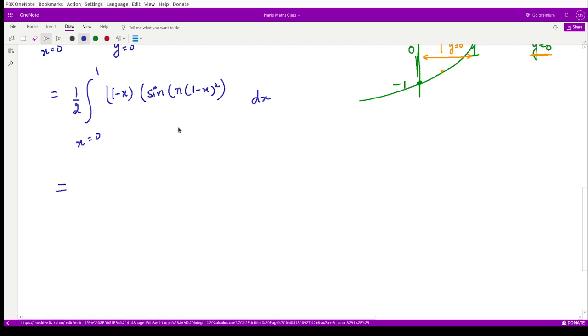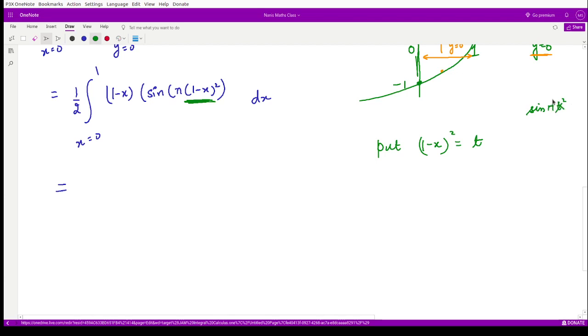It would be easily obtained if you substitute 1 minus x whole square as equal to some other variable, because this thing here was creating problem. Because we as such directly know the integration of sine of pi t, or x square.